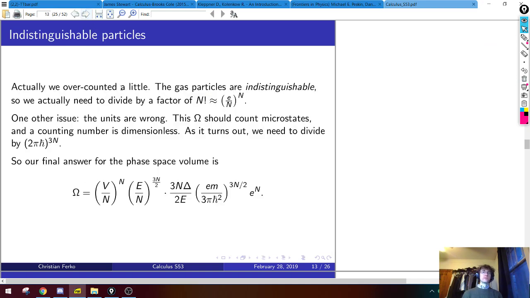Okay, so now I'm going to make two small corrections. The first is because our n gas particles are indistinguishable. So we've actually overcounted a little bit.